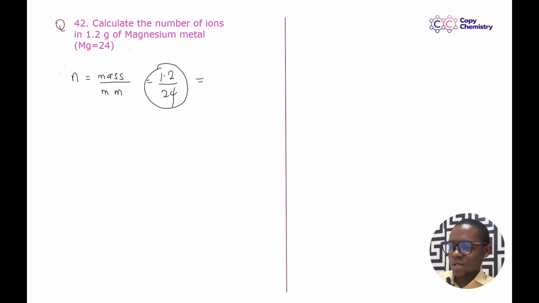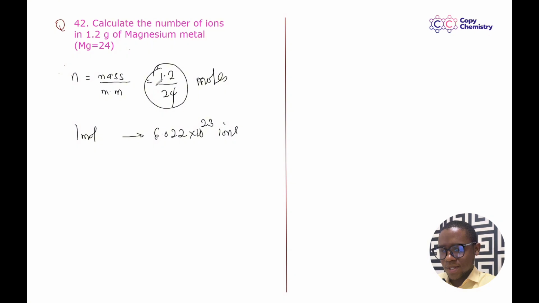Now, this is the number of moles of magnesium that you have, right? You're asked to get the number of ions that are present here. If we had 1 mole of magnesium ions, it would contain 6.022 times 10 raised to the power 23 individual magnesium ions.